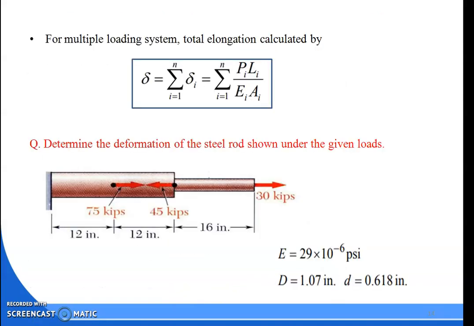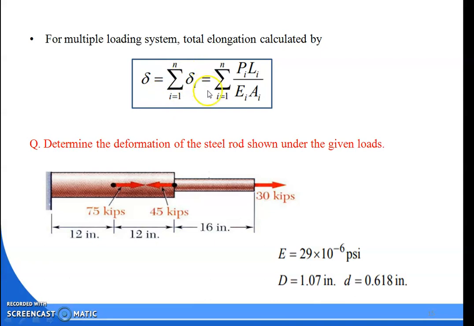Now comes the multiple loading system. When a body is subjected to more than two loads, how can we calculate the elongation? The elongation equals the summation of delta i, for i equal to 1 to n.